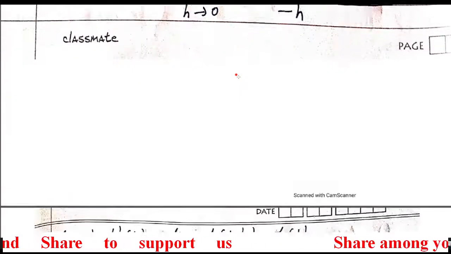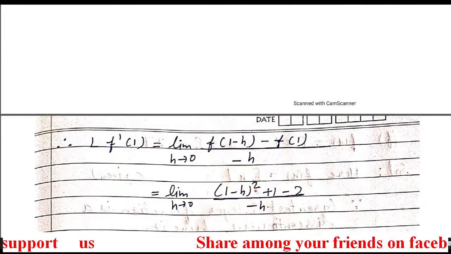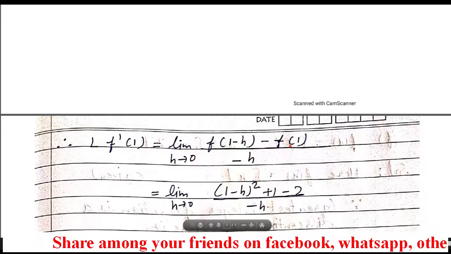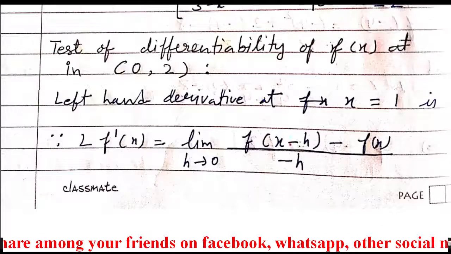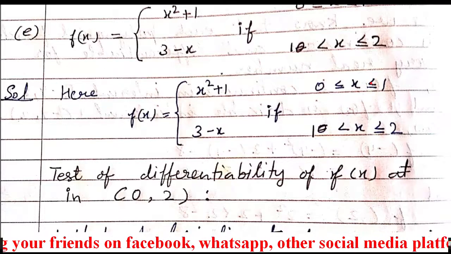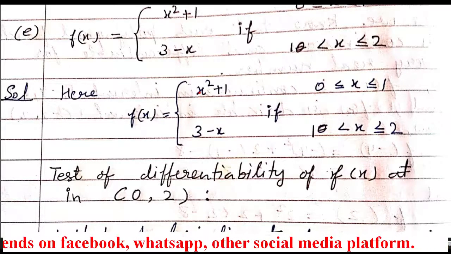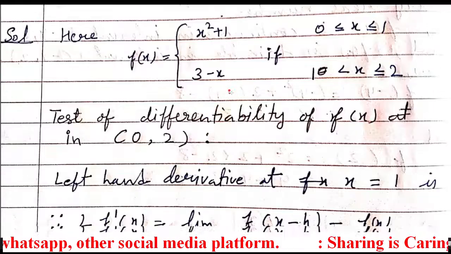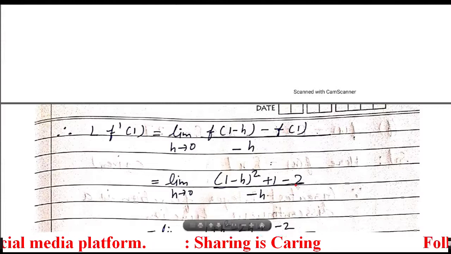When x equals 1, we get 1 square plus 1, which is 2. That's why instead of f(1), I directly wrote 2.